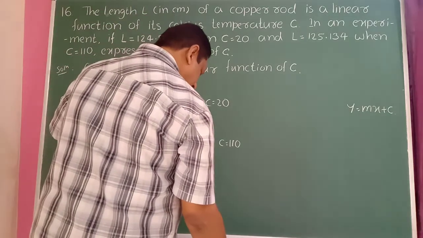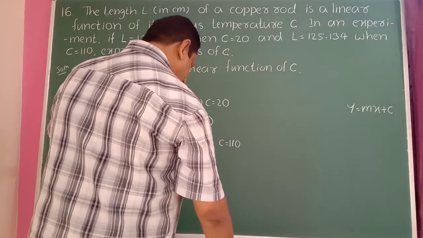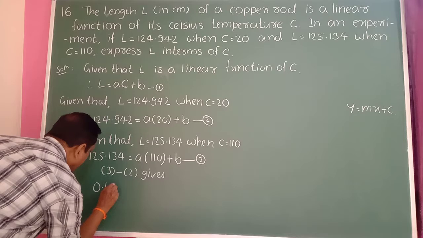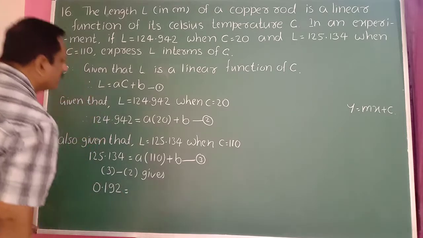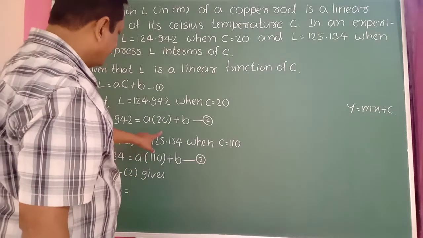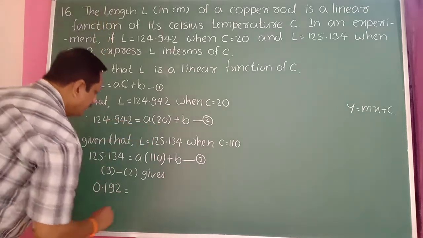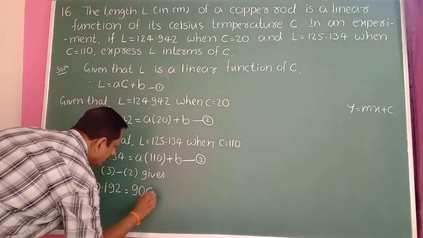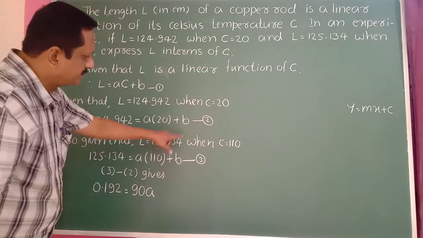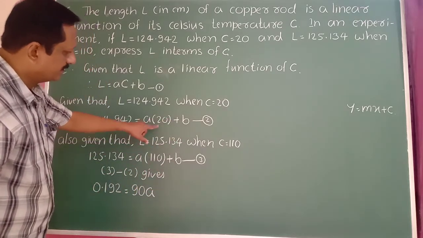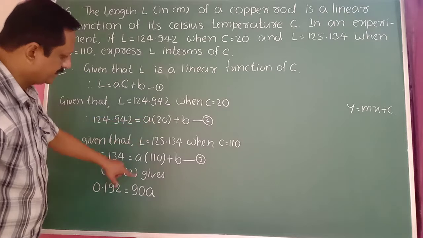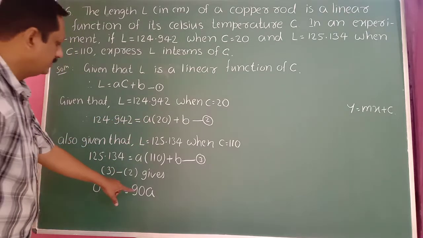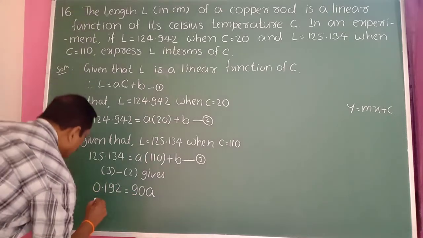So if you subtract each other, we get 0.192 is equal to, net 110 minus 20 gives 90, 90 into A. And this B gets cancelled here. 110 minus 20, 90 into A. Then this minus this, 0.192.